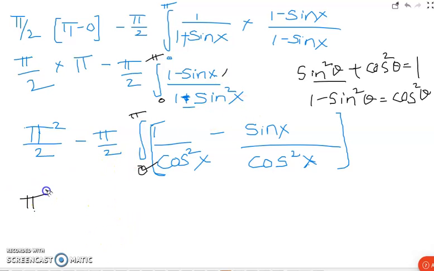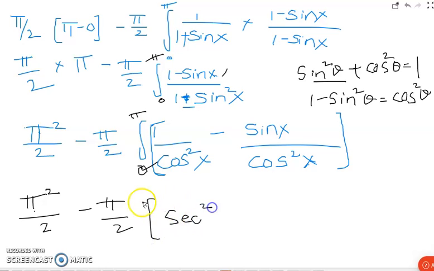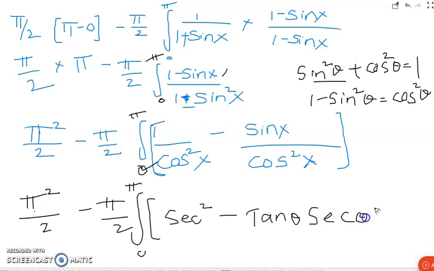1 by cos square x is sec square x, and sin x by cos square x is sin x by cos x into 1 by cos x, that is tan x into sec x.